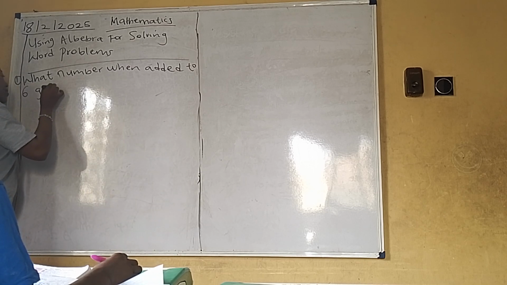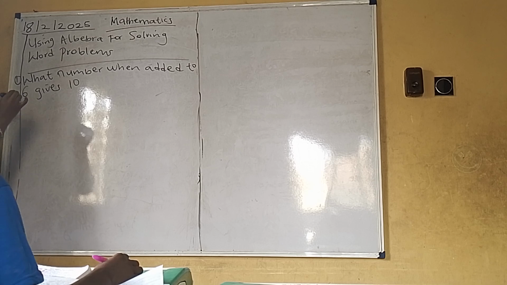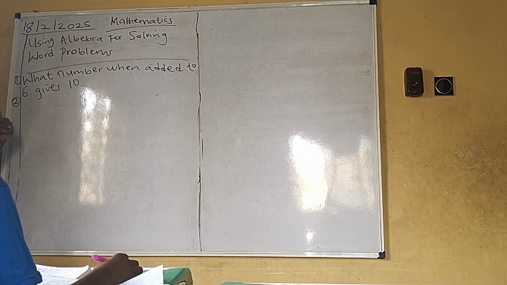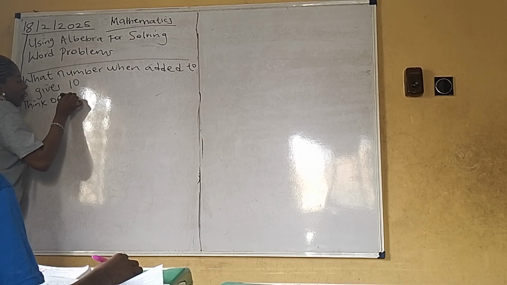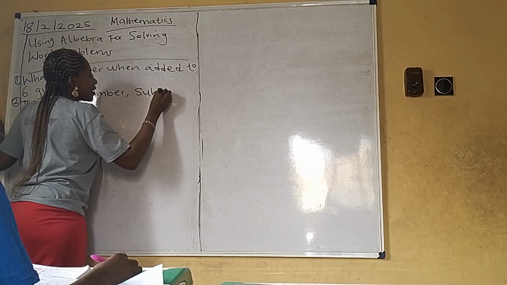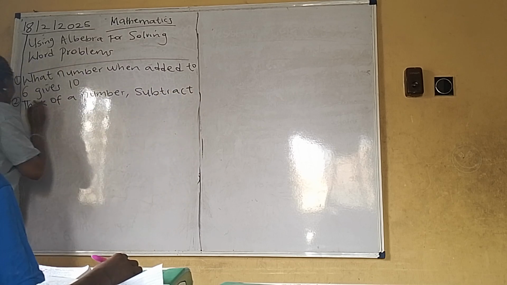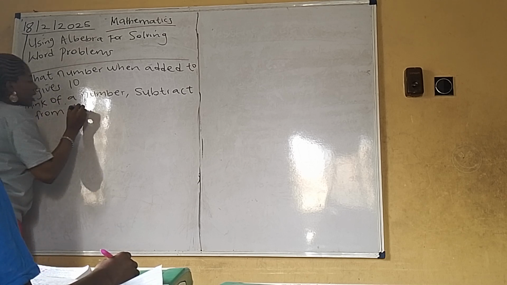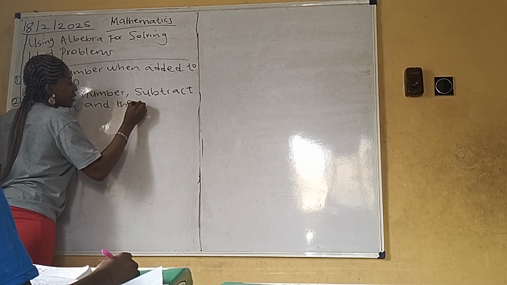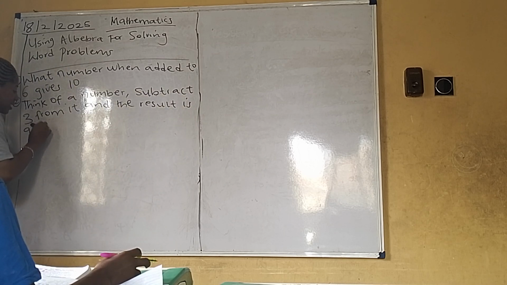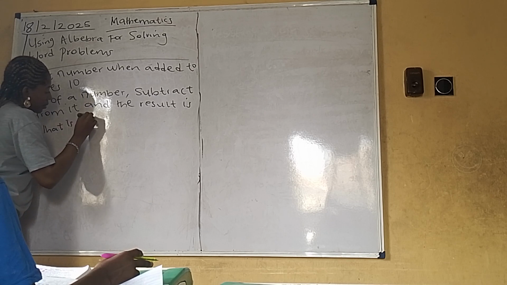Number 2: think of a number, subtract 3 from it, and the result is 9. What is the number?